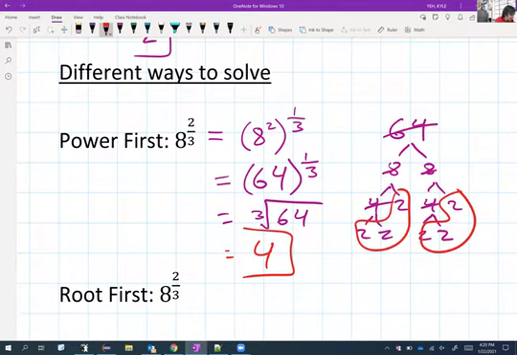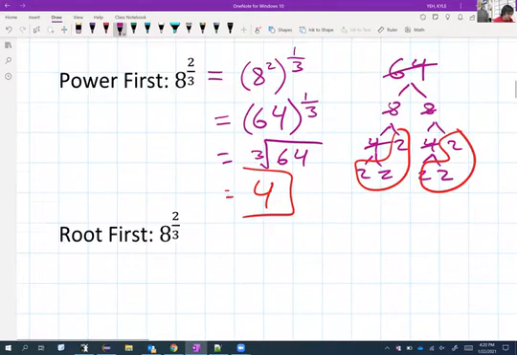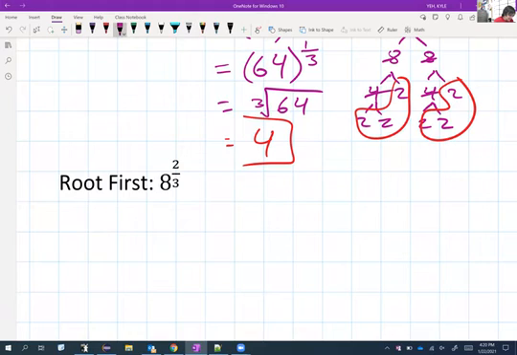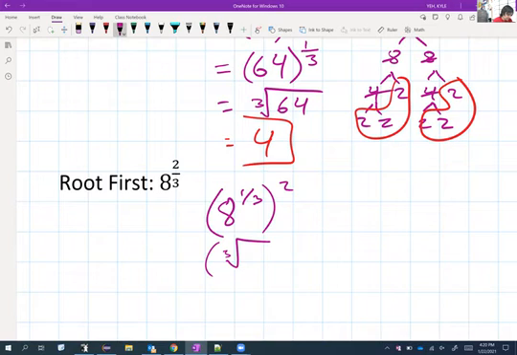What if I said, well, I still want to split it into 2 exponents, but maybe I will do the 1/3 power first and then square it. Again, power to a power gets multiplied. That will be 2/3 when all is said and done. But we're just doing this in a different order. I'm going to put this into the more familiar radical form.